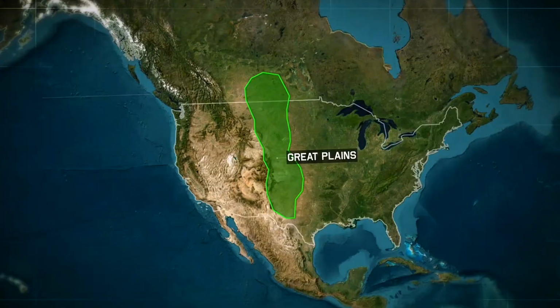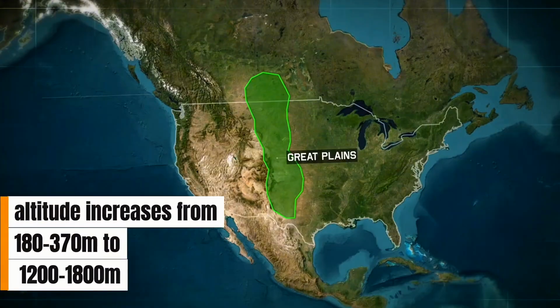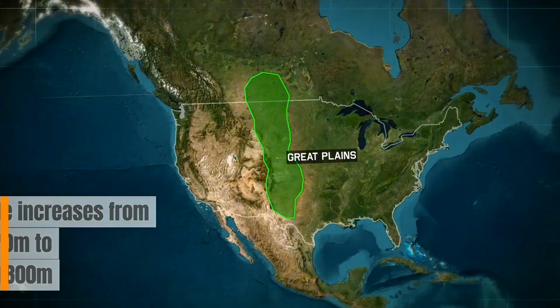Although the altitude of the plains increases gradually from 180 meters or 370 meters in the east to 1,200 to 1,500 meters or 1,800 meters near the mountains, the local relief is generally small.